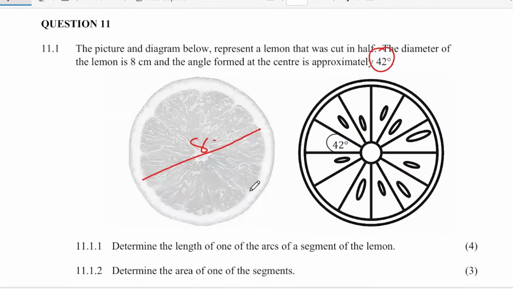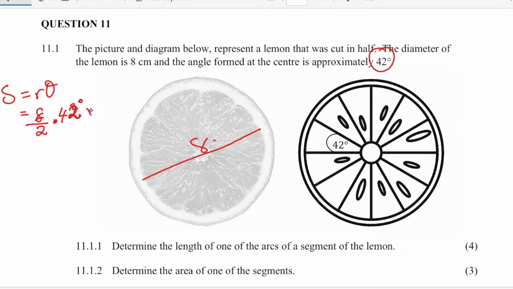11.1.1. They want us to get the length of one of the arcs of the segment. The arc length, S, will be obtained by the radius multiplied by the angle. So the radius is going to be 8/2, since 8 is a diameter. And then our theta is going to be the 42 degrees.